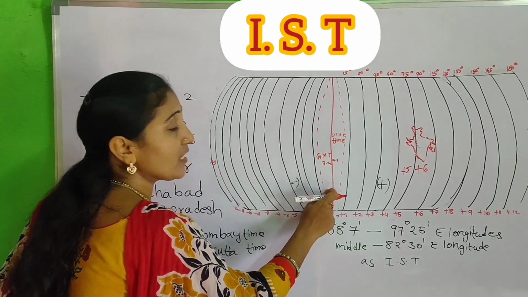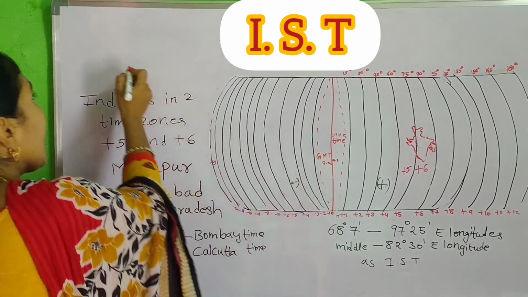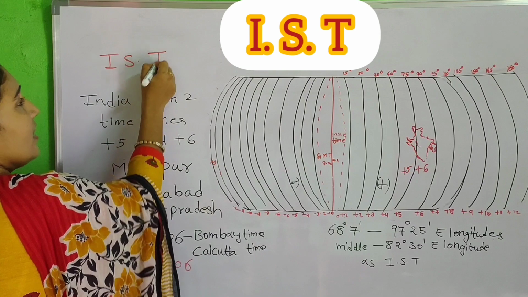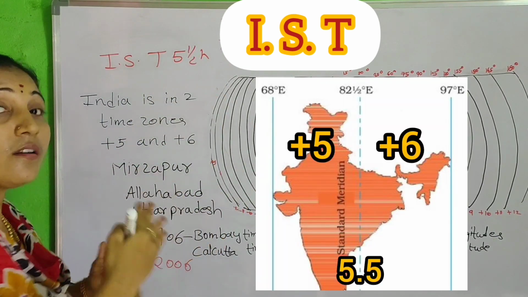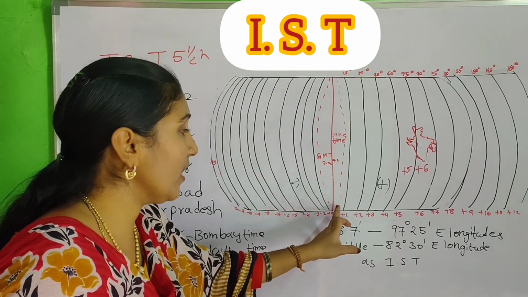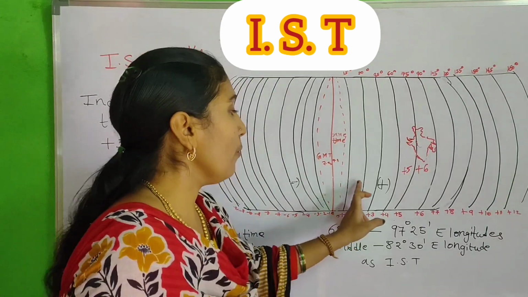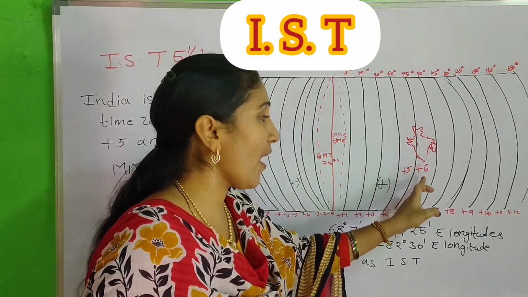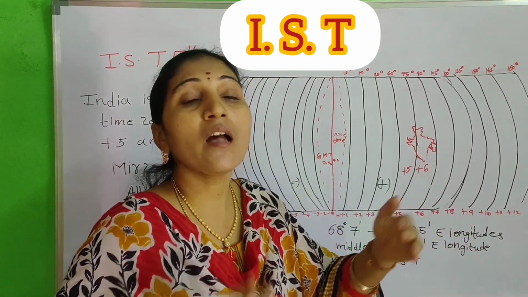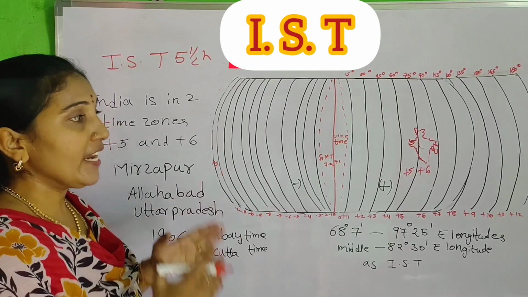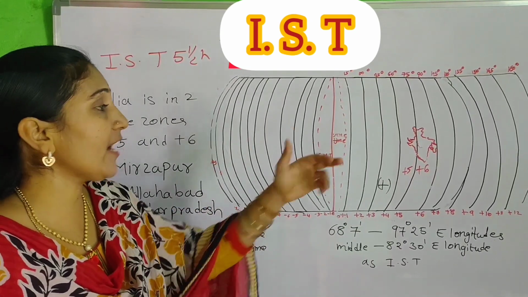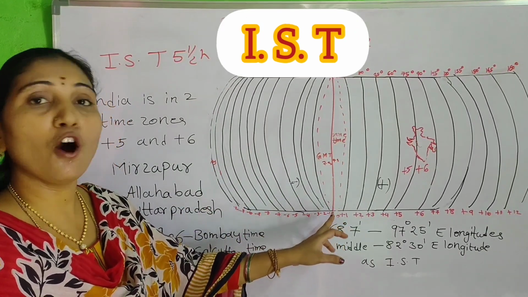When we talk from the 0 degree longitude, IST is 5.5 hours ahead. Means we have to add plus from here. See, one zone, 1, 2, 3, 4, 5 and point five. So is it clear, children? It is very clear that India is 5.5 hours ahead of the 0 degree longitude.